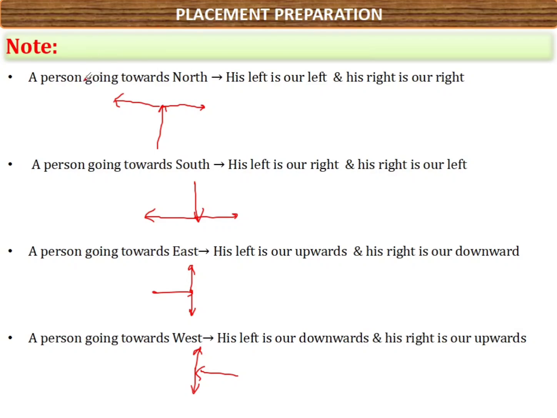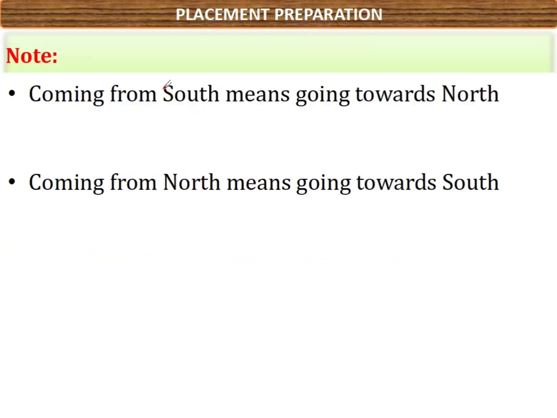The reverse of going will be coming. He is coming from south. Now understand, if a person is coming from south, definitely he is going towards north. Did you understand? So that is the next point. A person coming from south is the same as he is going towards north.